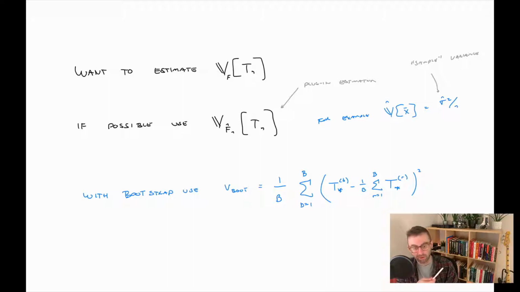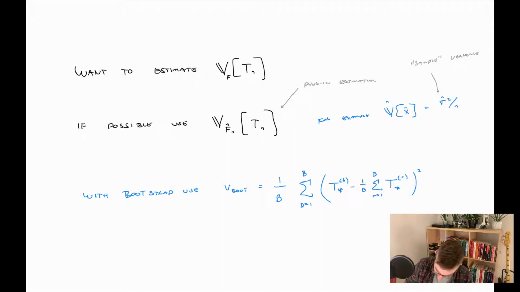Because we're doing the plugin method here, sigma squared hat would have a 1 over n, not a 1 over n minus 1. So just note that. Okay. And so in the case of x bar, we could get that. But what we saw last time is that if the statistic is something more complicated, like itself a sample variance, or a quantile or a median or something like that, even getting that is difficult. So what we can do is this procedure down here.